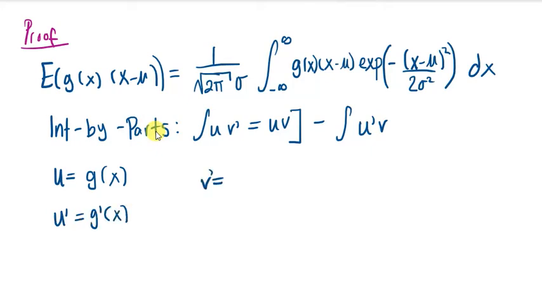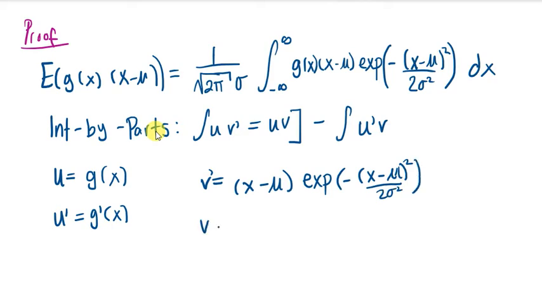V, or the derivative of v, is going to be equal to the rest, which is x minus mu, e to the power of negative x minus mu squared over 2 sigma squared. The antiderivative of v is equal to negative sigma squared exp negative x minus mu squared over 2 sigma squared.